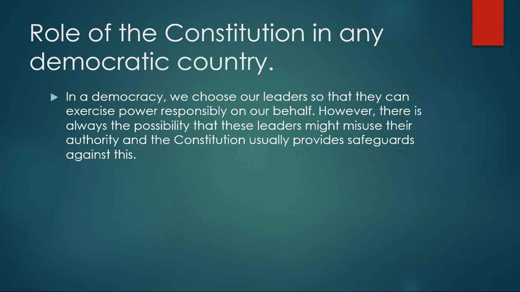So the constitution provides us equality, and because of this equality, we can go against any person who is doing any kind of injustice or inequality in the society. So the constitution provides safeguards, and these safeguards are the fundamental rights.